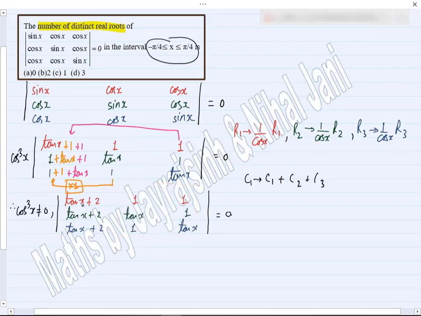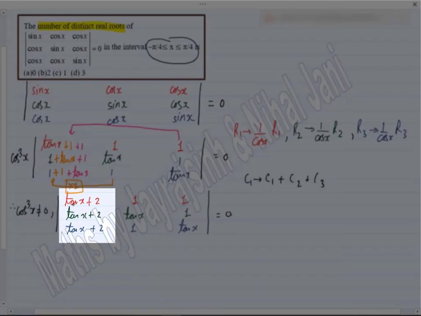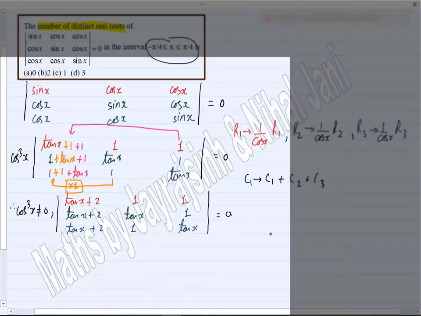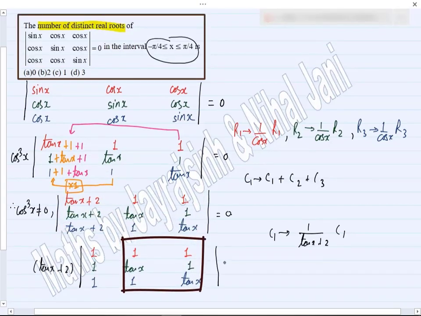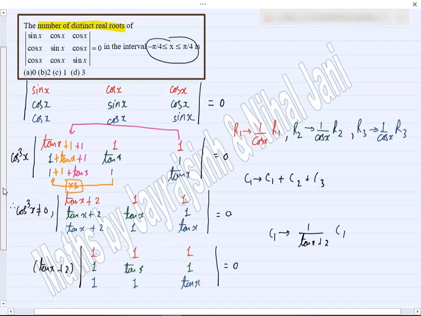Okay. Now we can divide the first column by tan x plus 2. So we have to multiply tan x plus 2 with the determinant. The first column will be 1, 1, and 1. The rest of the two columns will be as they are, right?